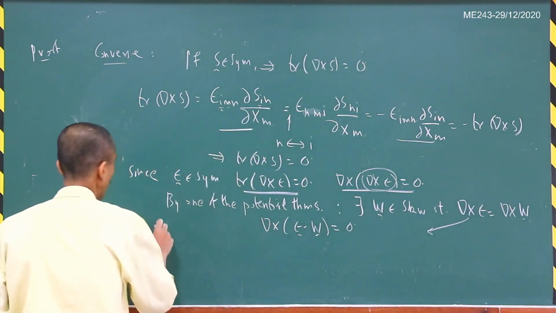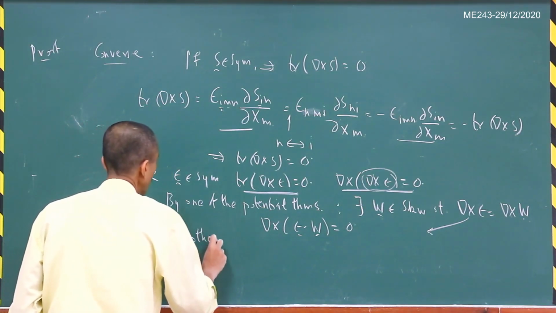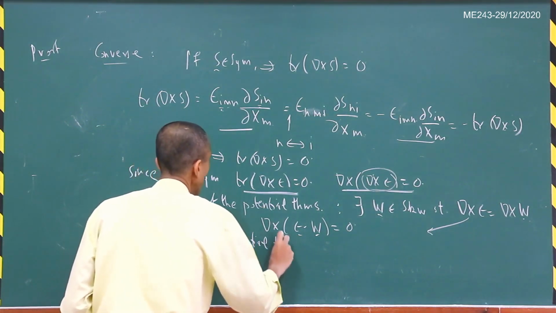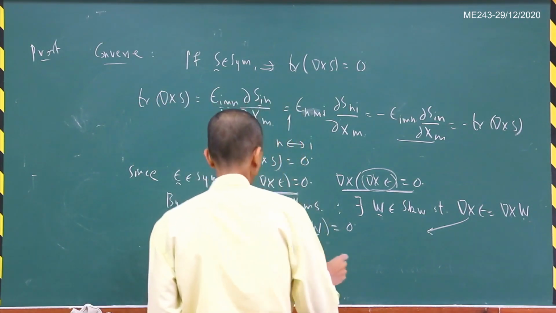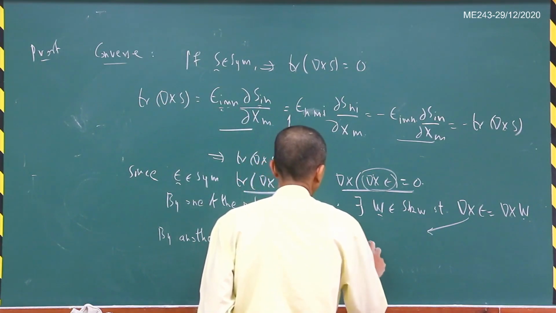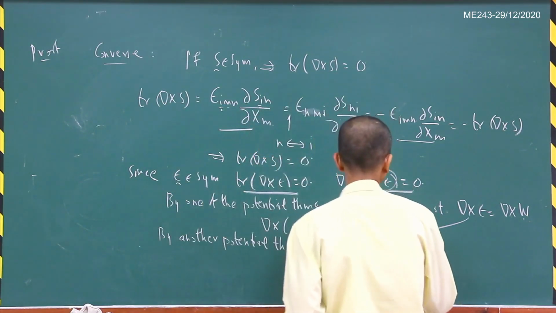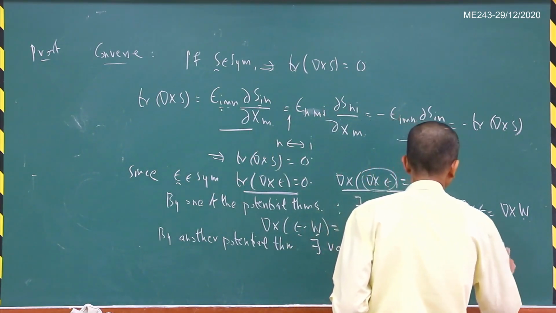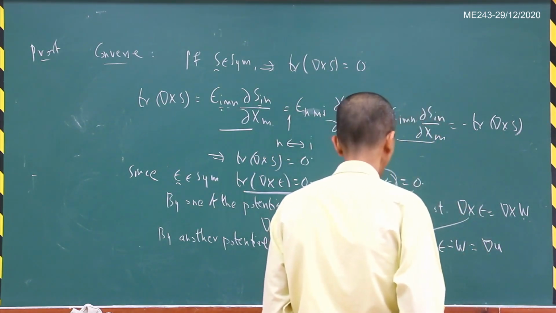So by another potential theorem, there exists a vector field U such that epsilon minus W is equal to del U. So that was another potential theorem that we have proved.